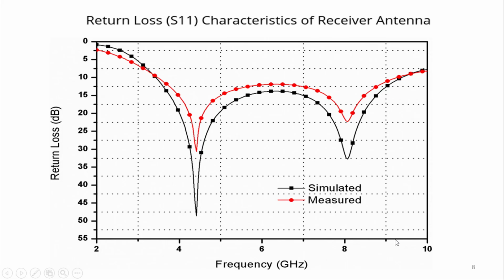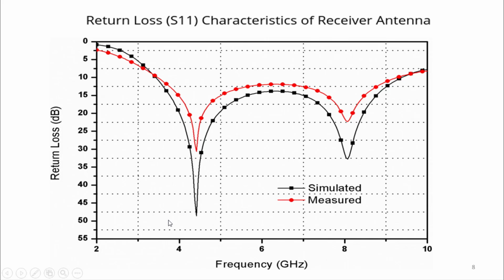So I think yes, we have 5 or 6 gigahertz in bandwidth, and this bandwidth is within 3.1 gigahertz and 10.6 gigahertz.